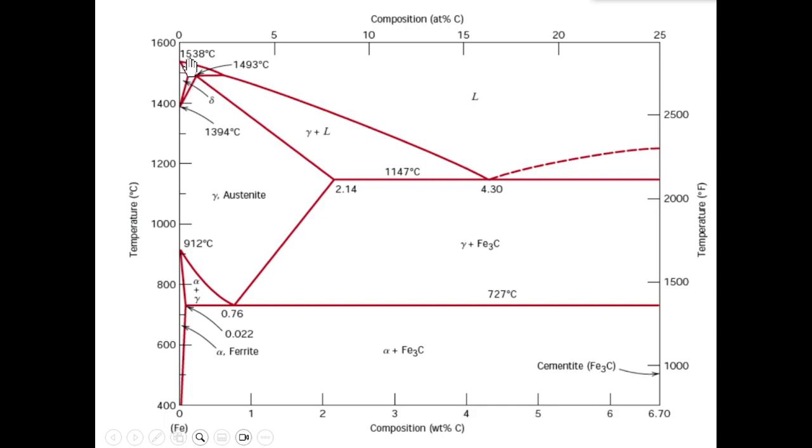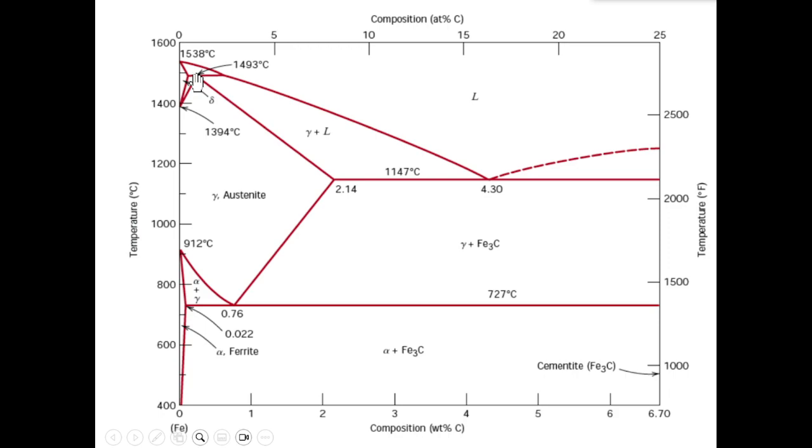And what about this bigger triangle here, right? So on the left-hand side, we have the delta phase. On the right-hand side, we have the liquid phase, right? So we can probably guess that this is the liquid plus delta, okay, in this area. So now we have the information that we need to say what is the reaction at 1493 degrees Celsius.